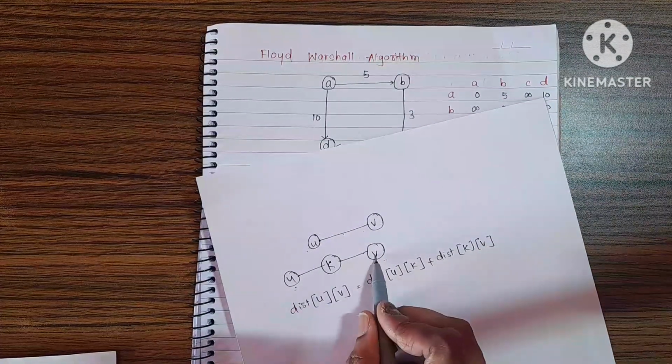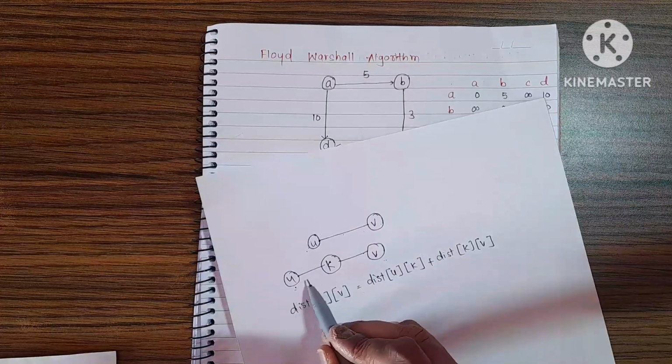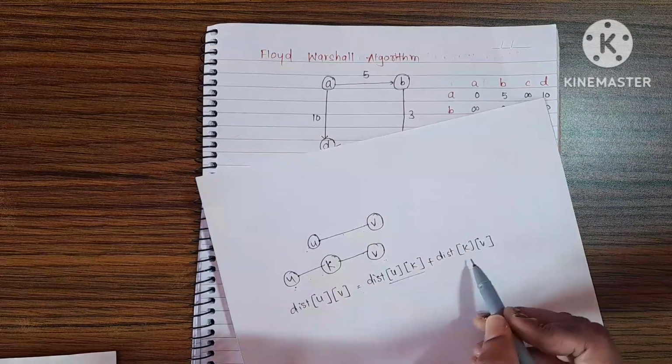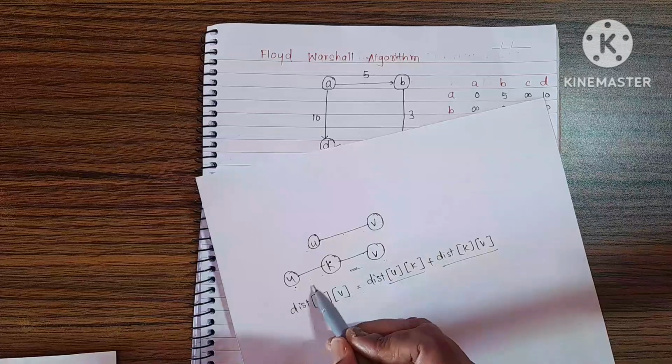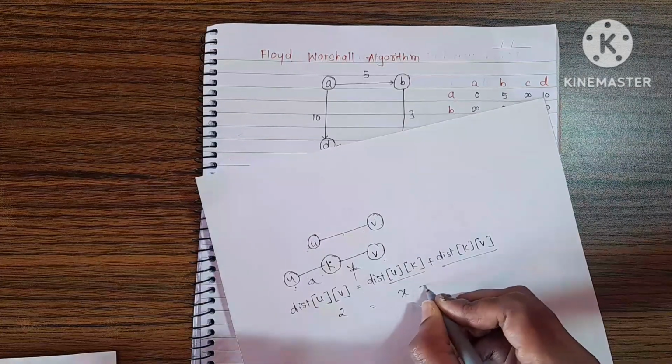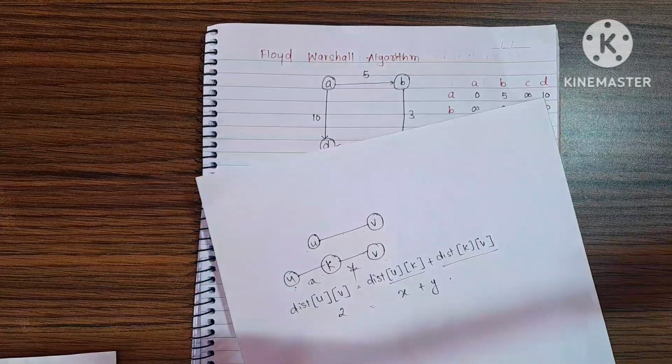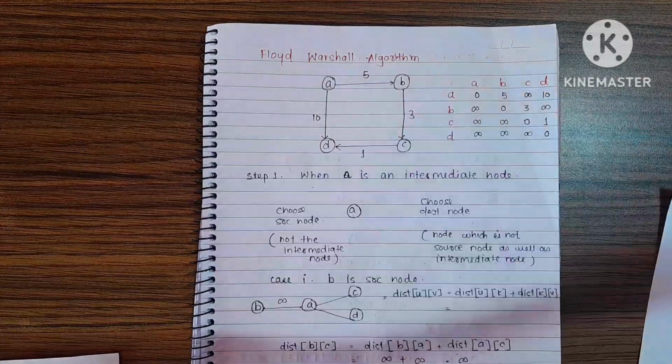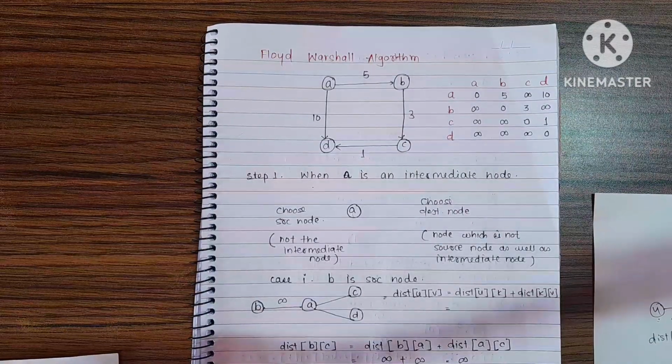So distance UV is equal to distance UK plus distance KV. This is the basic concept used in the Floyd Warshall algorithm.